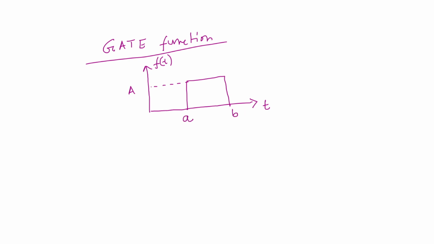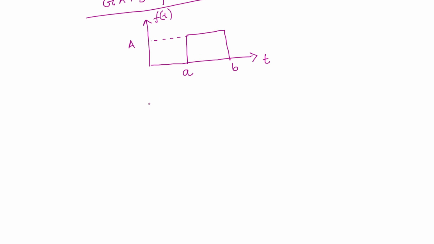So the gate function is represented by u(t minus a) minus u(t minus b). What is u? u means a step function.